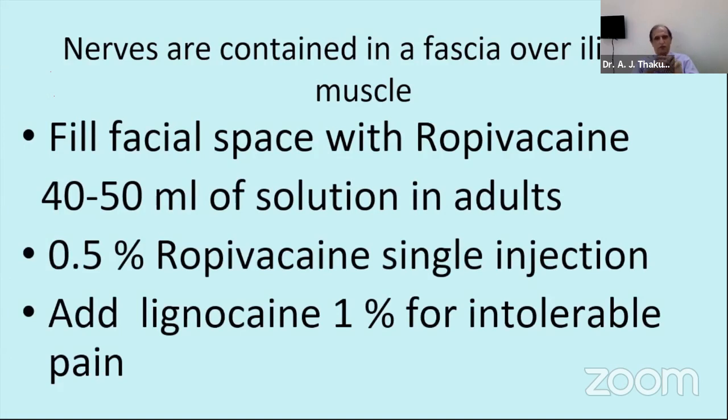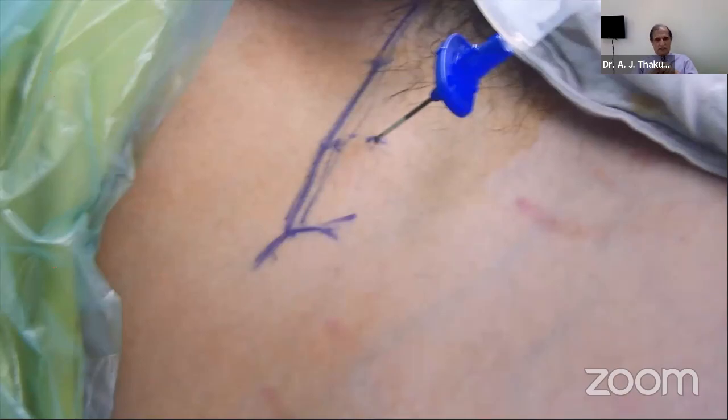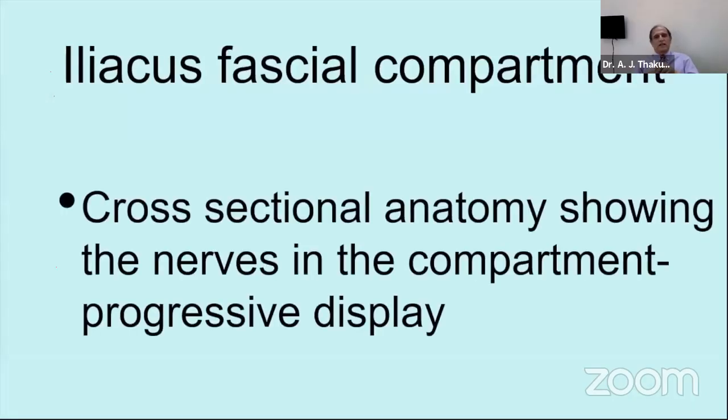So all we have to do is fill the space with ropivacaine, and the way to do it is this: point of entry is 1 centimeter caudal to the junction in this fashion. I'll show you the cross-sectional anatomy.